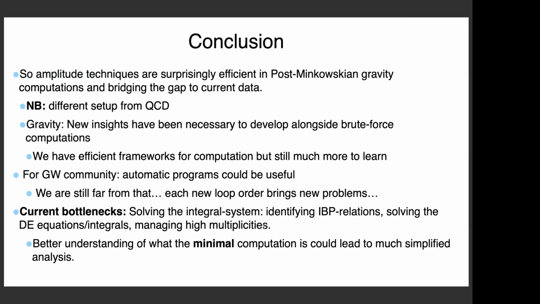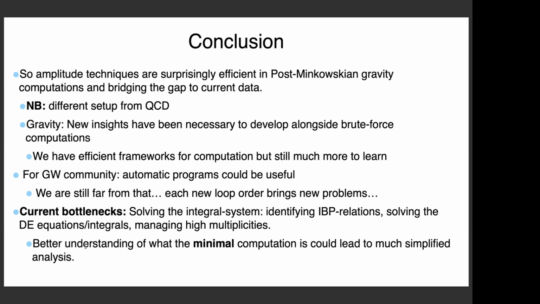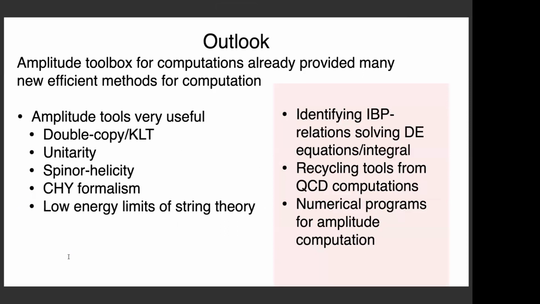So we can do much higher loop orders than corresponding QCD loop orders, because we have the classical limit and some simplifications of what we're considering. But now we are getting to 4 and 5 loops, and it is challenging to provide these things. So a better analysis of what is the minimal computational need would lead to a simplified analysis.